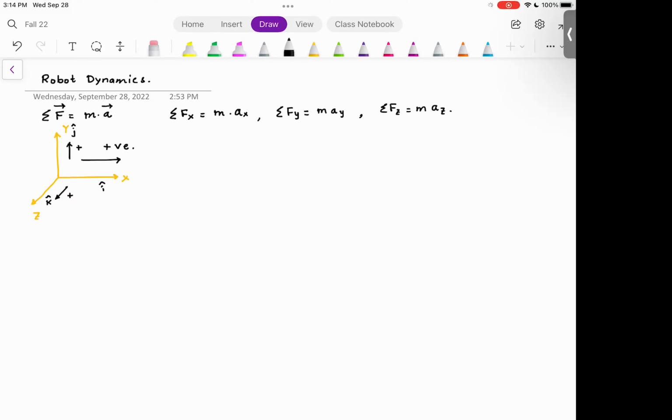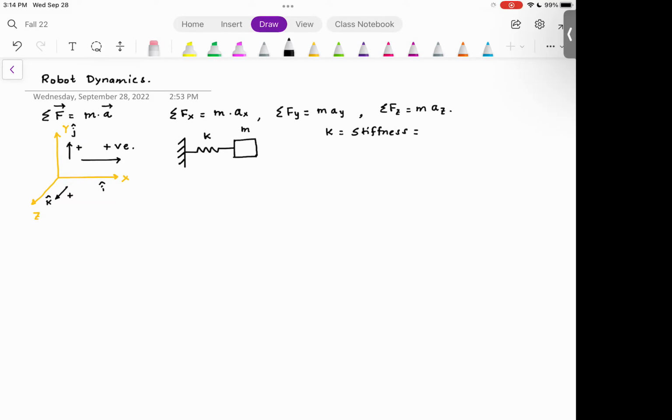Now, let me take a very simple example of a spring mass system. So this is ground or fixed support. This is the spring, and you have the mass which is attached to the spring. This spring has stiffness K. This is mass M. K is called the stiffness.